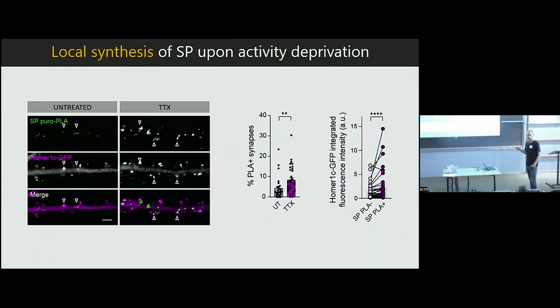Yeah, you're right. The TTX treatment is 48 hours, but the puromycin incubation is just 5 minutes. You incubate neurons with puromycin, and it gets incorporated into the peptides within these 5 minutes. Of course, you can always think that during these 5 minutes there could be transport of a protein, but I think it's okay.